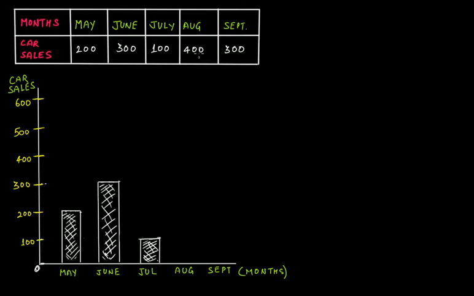Then for the month of August we have 400. So for the month of August we have, is it better? Yeah, much better.